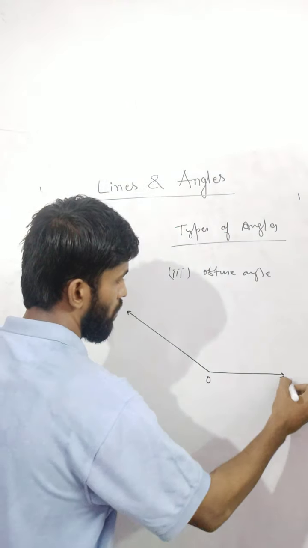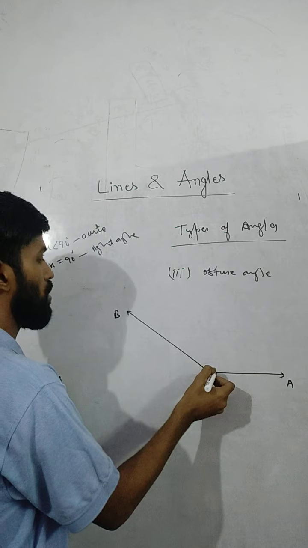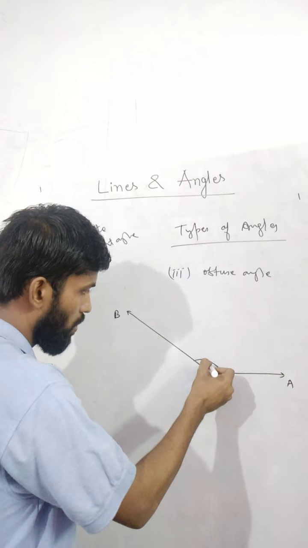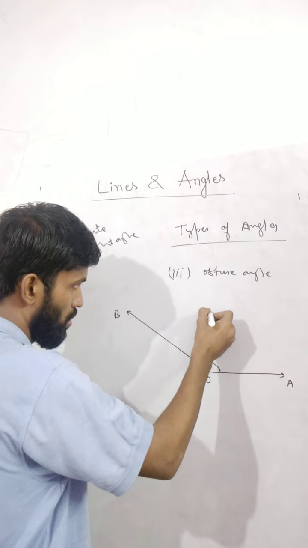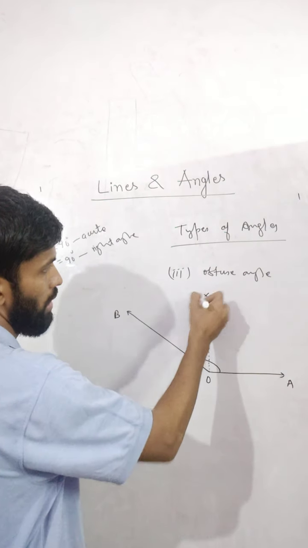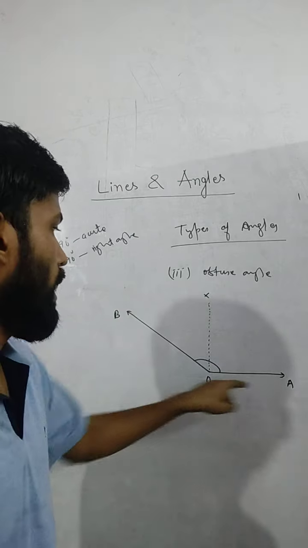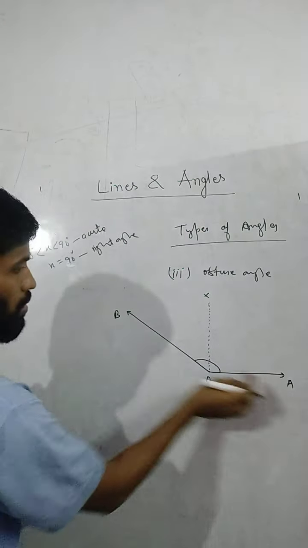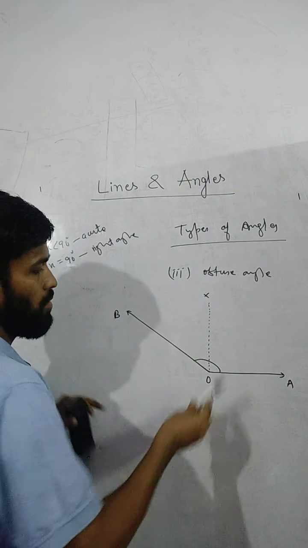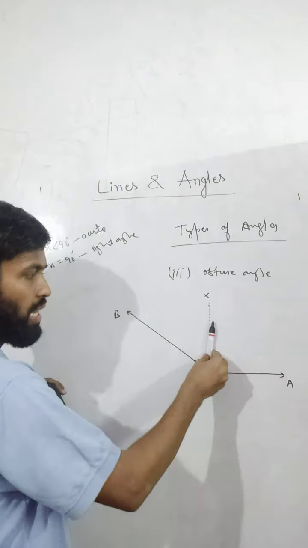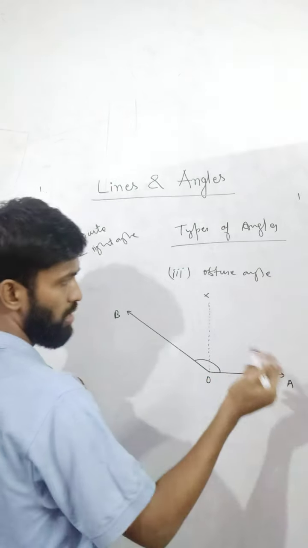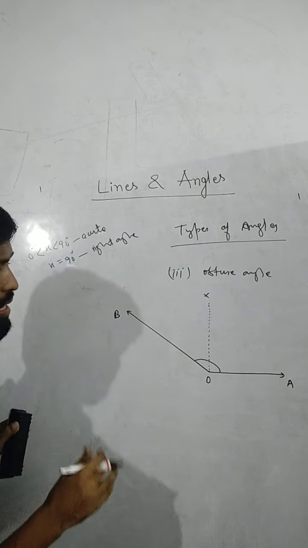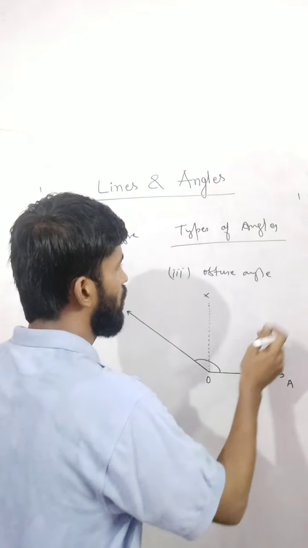Let's say angle OAB. If I draw this with a dotted line, let's say this is x, you can see AOX forms a right angle, and now AOB is obviously more than 90. It could be anything more than 90, be it 91, 92, 95, 100, 150, but less than 180, right?